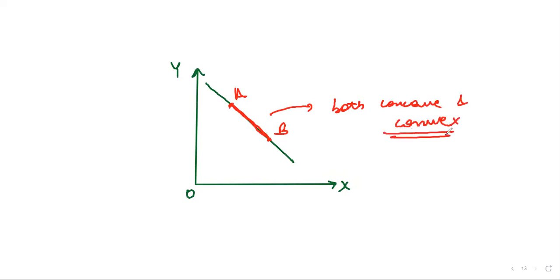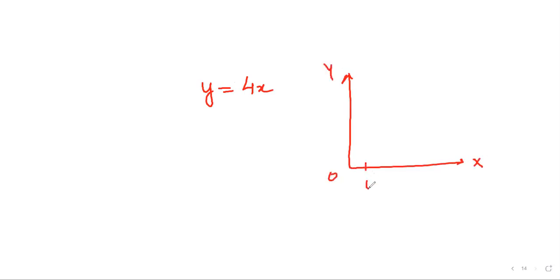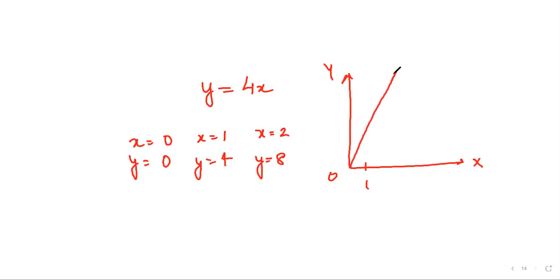Why? We can prove this simply. What's the equation of a line? Maybe my line is y equal to 4x. So when x is 0, y is also 0. When x is 1, y is 4. When x is 2, y is 8. And so on. So my line is something like this.